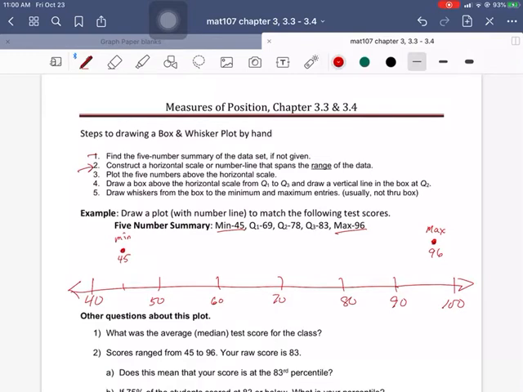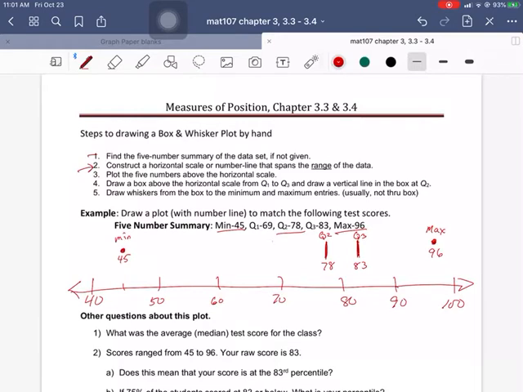And then the center, let's see, median is Q2. So 78's right about there. It's going to be a vertical line for Q2, and that's 78. And then the Q3 is 83, so I'm going to put that right here, 83 for Q3.